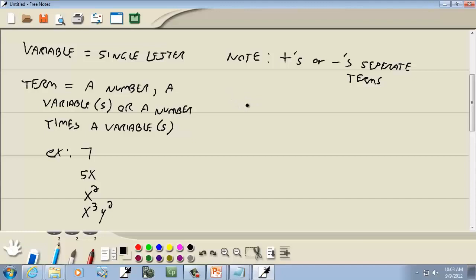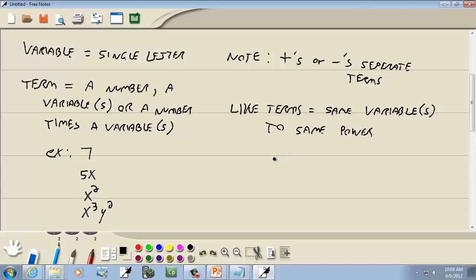Now, we're going to be dealing with something called like terms. This is when you have the same variables to the same power. For example, we have 5x and we have 7x. These are both x to the first power. Now the number out in front can be different, but these are both the same variable to the same power. They're both x to the first.